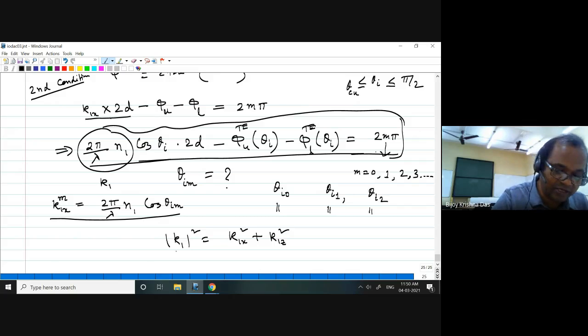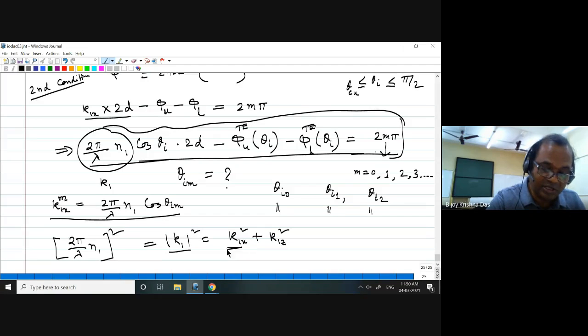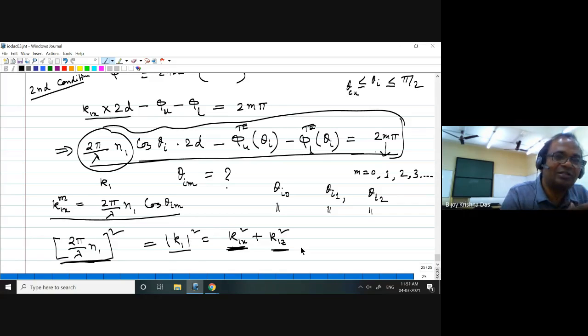When this K1 is fixed, this is equal to 2 pi by lambda times N1, and then square. Now, since K1x is a discrete value, K1z also becomes a discrete value because this is a constant. So K1z is also discretized. That means I will get a longitudinal component and a transverse component, and they are related by this formula.